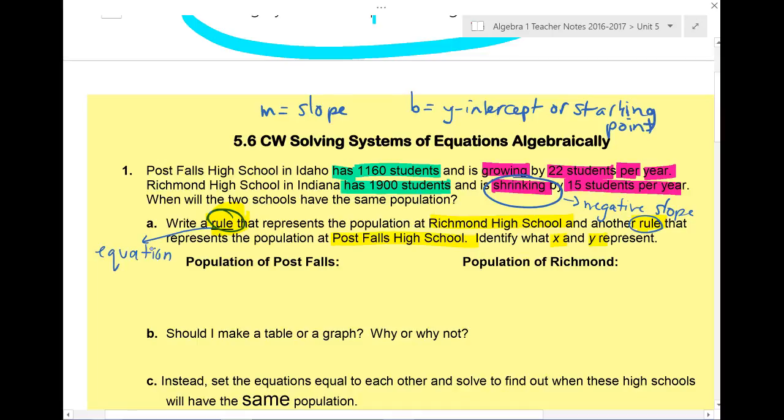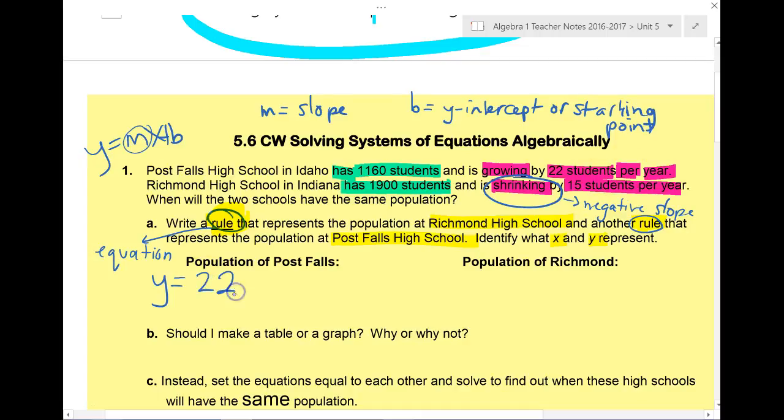Remember we start all of our equations with y. For the first one, Post Falls High School, we do y equals mx plus b. The slope, or m, for the first one is 22.